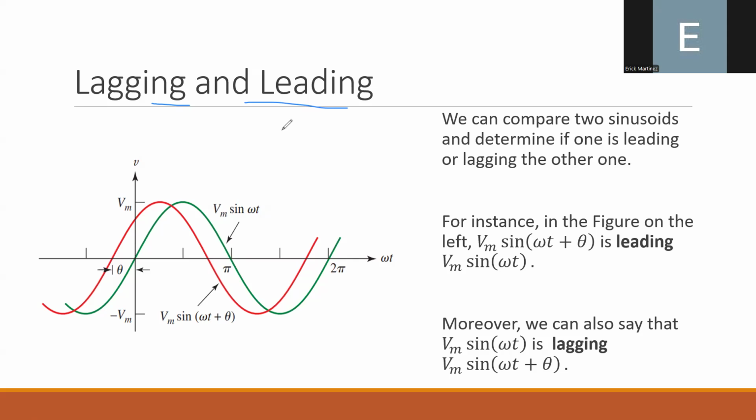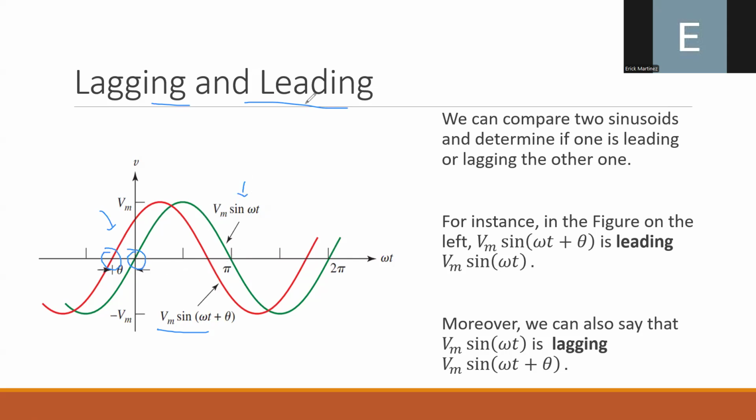Leading basically means that, for instance, if we analyze these two sinusoidals, you can observe that the red sinusoidal, described by this equation, is crossing the horizontal axis first compared to the other one, the green sinusoidal that is represented through this expression.